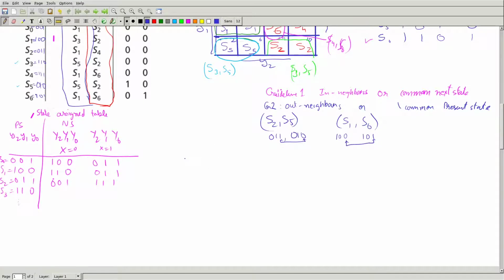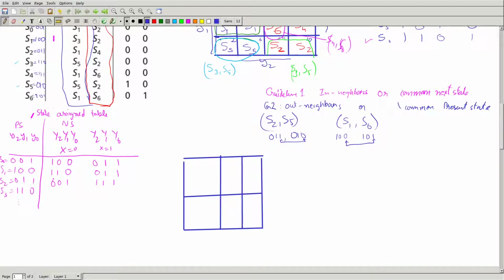So here we have a box divided by half, 16 cells, and we have X as these 2 columns, small y2 as these 2 columns, y1 as these 2 columns, y0 as these 2 columns, right?